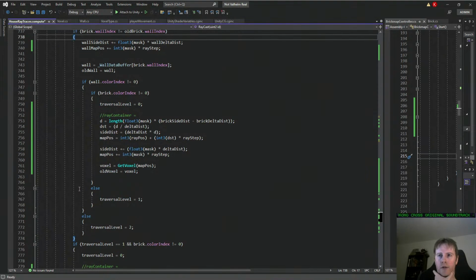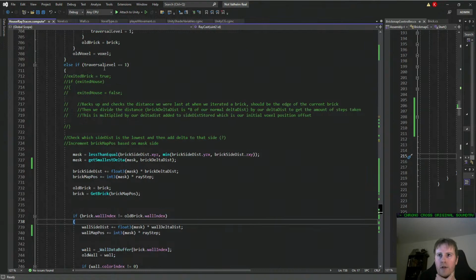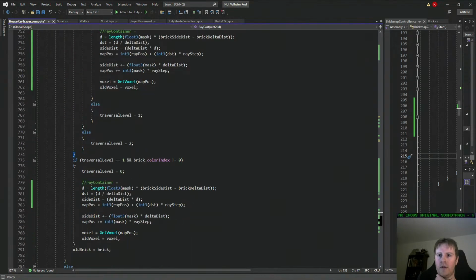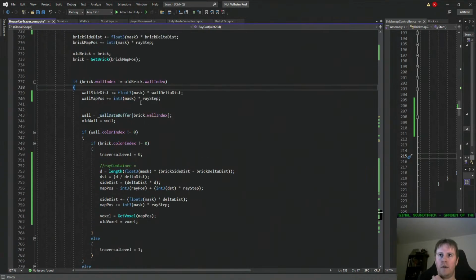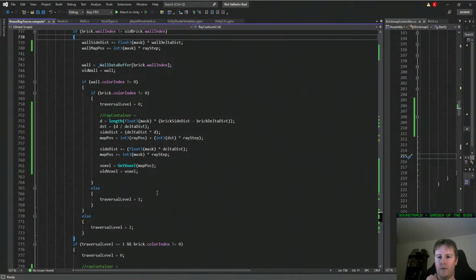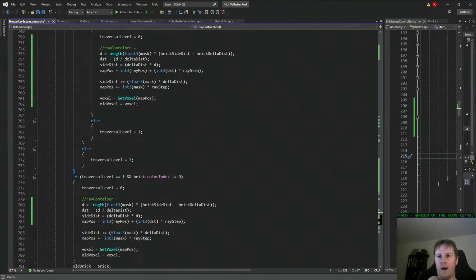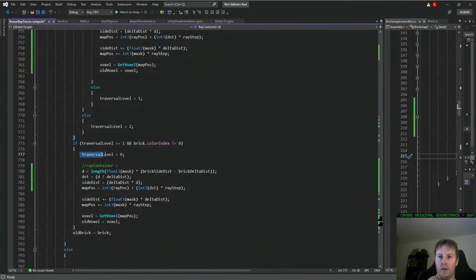And then here it checks, because we're currently in traversal level 1. So if we skip this, then we go down here. It says if traversal level 1 and brick.color index. We got the brick there, so that's correct, and we are in traversal level 1. This means that there's something in this brick, the new brick. So we set traversal level to 0, and then we set all of this here.